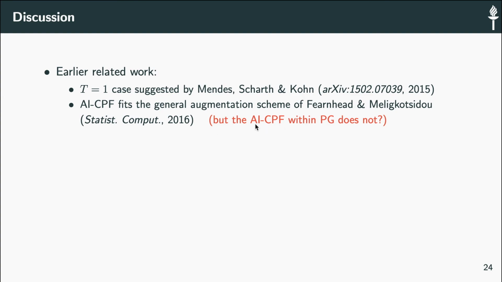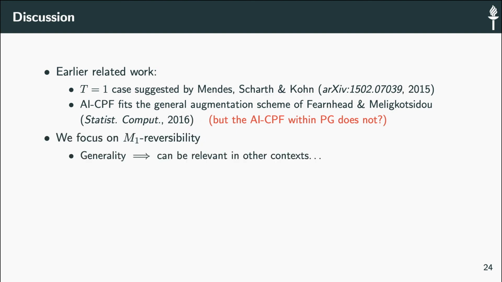But if we use the AICPF within particle Gibbs, I think it doesn't fit this augmentation scheme anymore. But anyway, I think our focus is rather different. Our focus is on M1 reversibility. It's rather general though, and this could be a useful approach in other contexts than diffuse initialization as well.